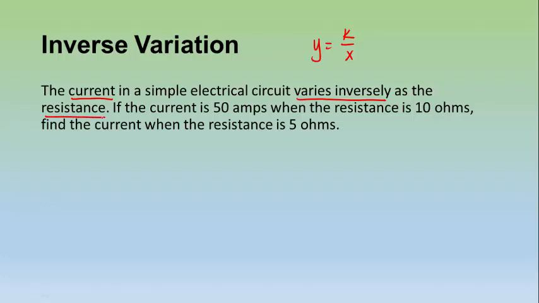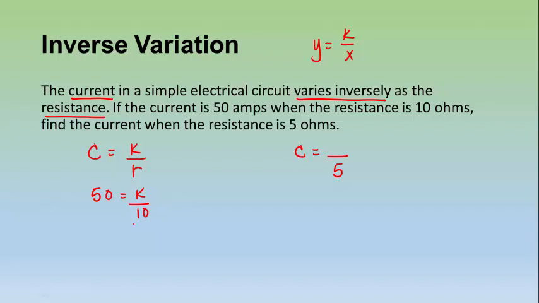So instead of y varying inversely as x, we have the current varying inversely as the resistance. If the current is 50 amps when the resistance is 10 ohms, then we need to find the current when the resistance is 5. So we have to find our constant of variation.